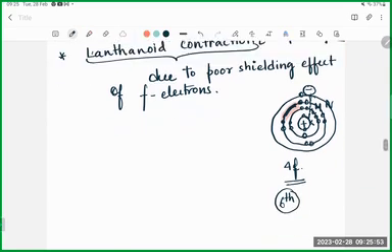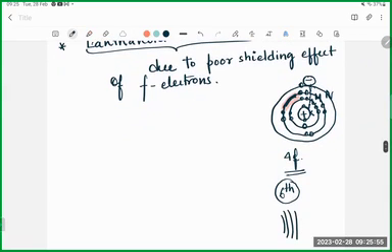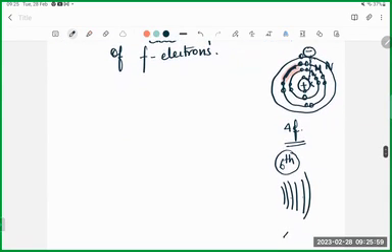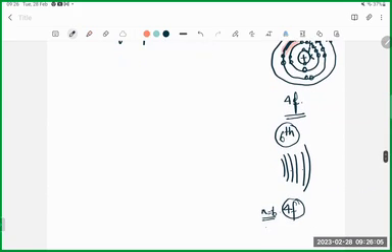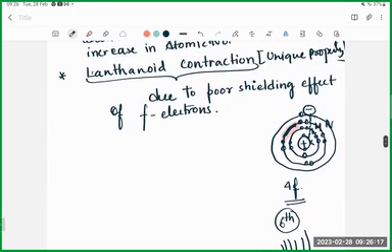Sixth is the period, so there are 6 shells in total, but the electrons are falling into 4f. The n value is 6, but it is falling into the n minus 2 f. Did you understand? That's the reason the shielding effect is not working over here. Did you understand, Hridaya? Due to the poor shielding effect of f electrons, that's the reason for lanthanoid contraction.